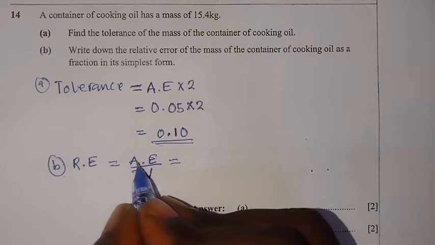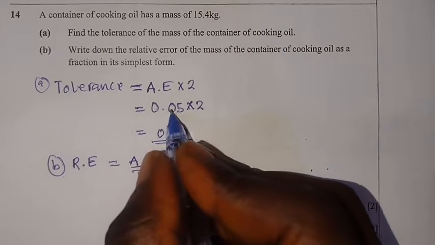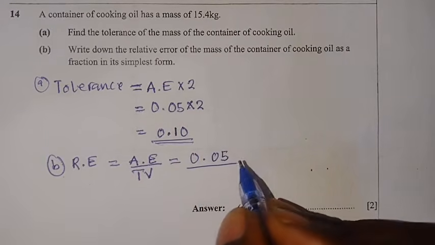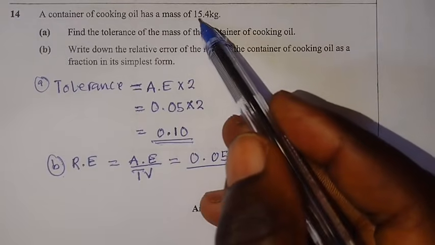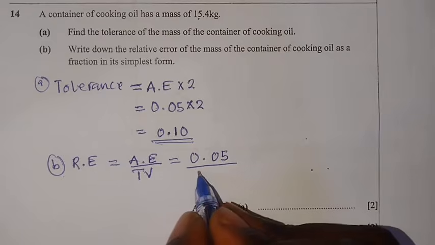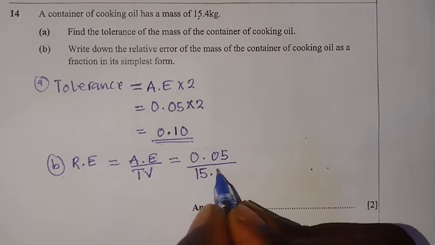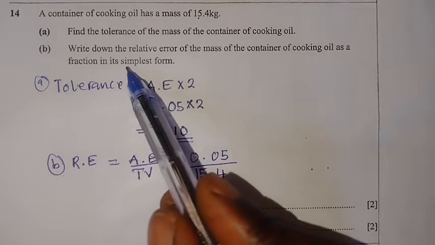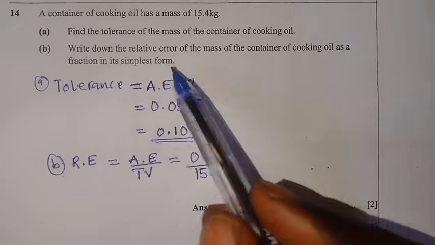Our absolute error, we said, is 0.05, divided by the true value, which is the value that you have been given, 15.4. They said we need to leave our answer as a fraction in its simplest form.